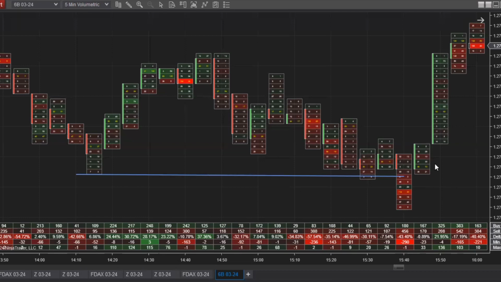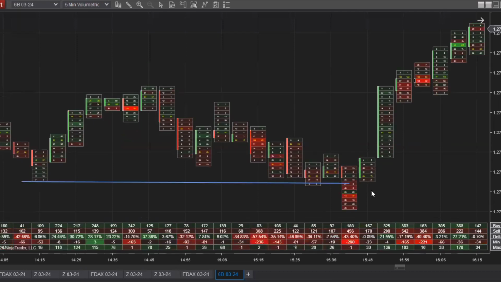So the third step, we've identified the first one, we've identified the second one. Then the third step is to check the volume and the delta for the entry. The volume and the delta for the entry should be the maximum, which is the opposite side. The maximum delta should be positive, and the buy volume is also more than the sell volume here.